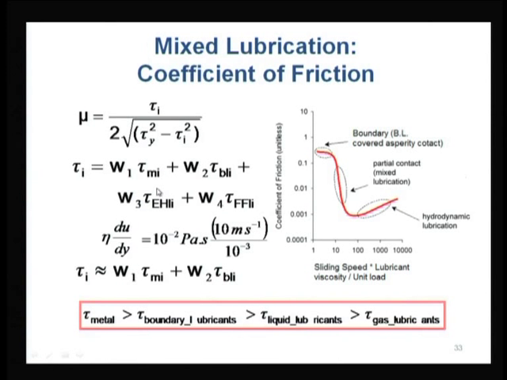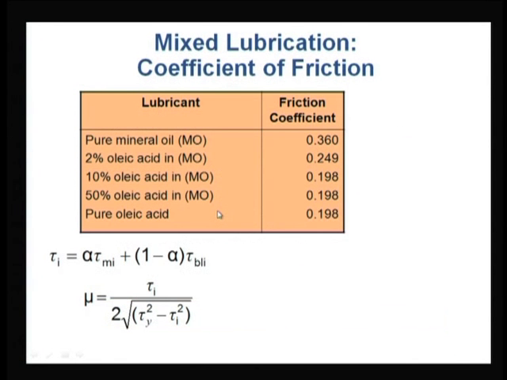When we are relating it, even though 5%, 10% may contribute a significant factor in deciding the overall coefficient of friction compared to FFLI and EHLI, keeping that in mind, we will consider these factors whenever there is a mixed lubrication mechanism dominated by metal and boundary lubricants. Of course, if there is 95%, 97% FFLI, then we should include all the factors. Then there is a possibility that 50% or 25% of the coefficient of friction is given by fluid film lubrication also.